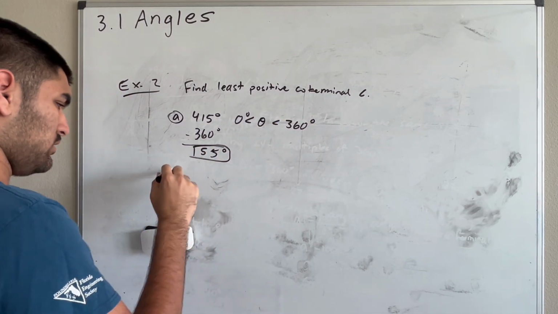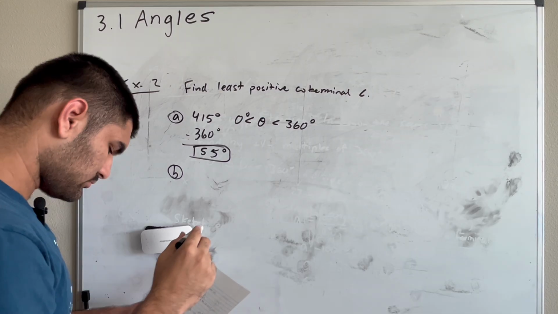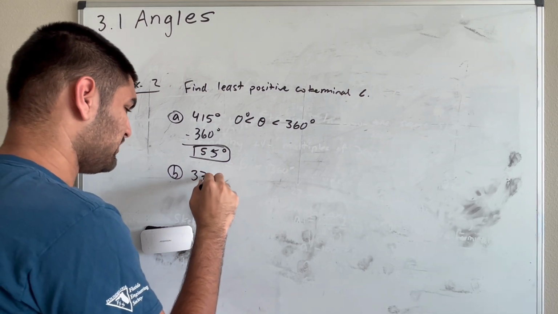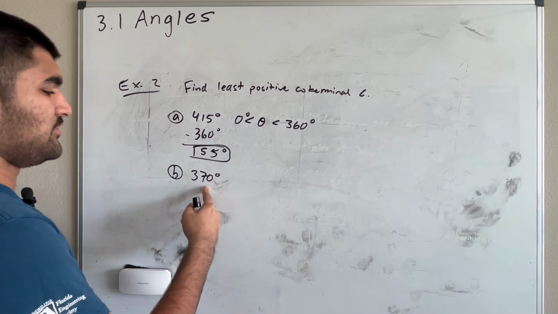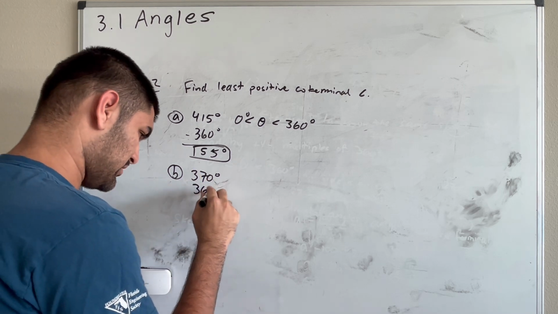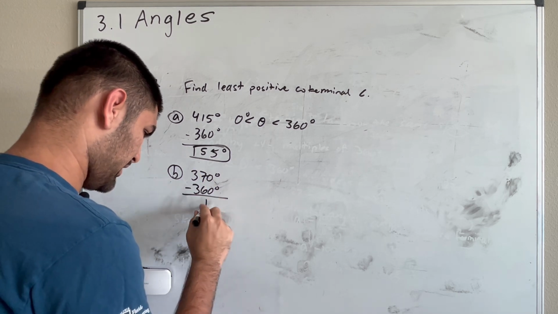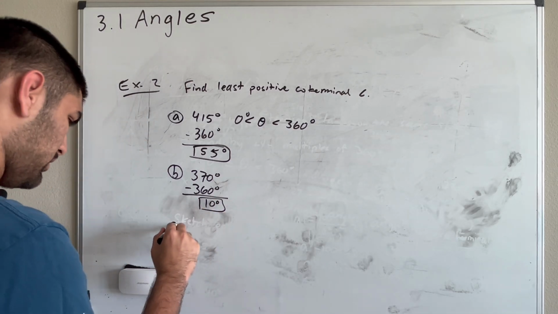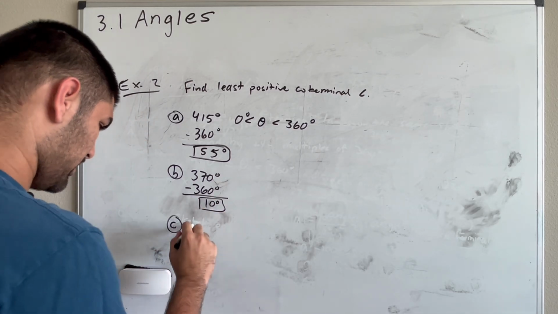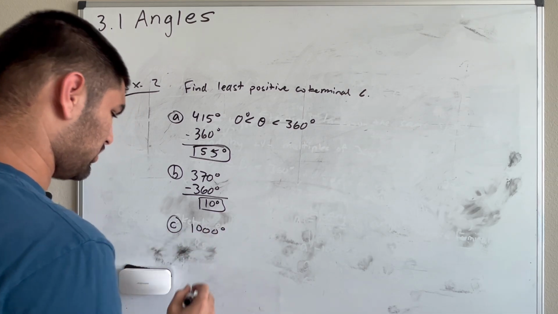Boom. All right, let's do another one. Let's say we had 370 degrees. Again, this is bigger than 360, so we can subtract 360 from this one time, and we get 10 degrees. And lastly, let's do 1000 degrees.